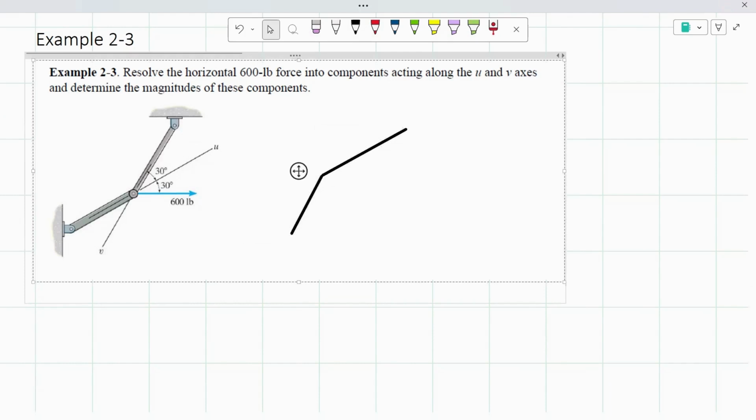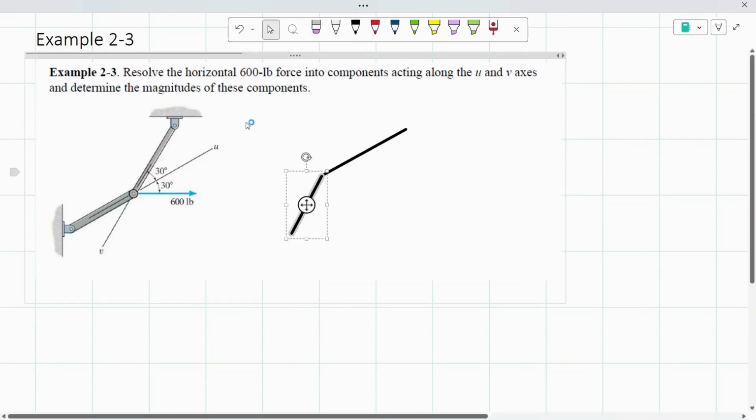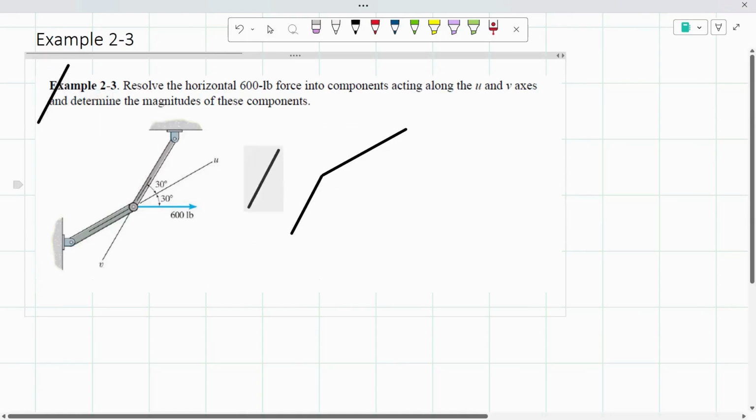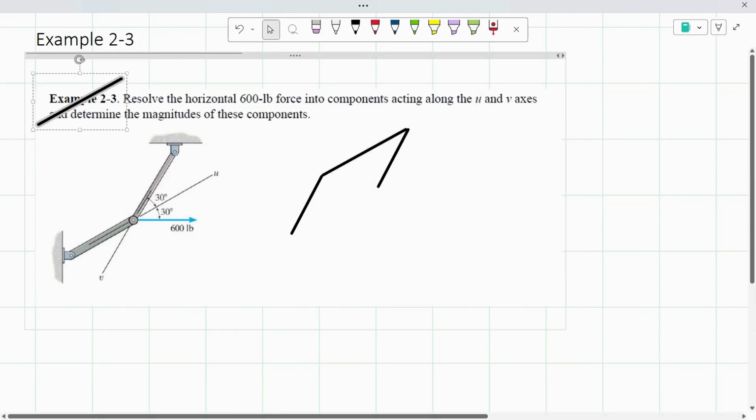And then from there, what I like doing is copying and pasting them. We're just going to take that V component and draw it off to the side. We're going to take the U component and do the same thing so we could close off this parallelogram.